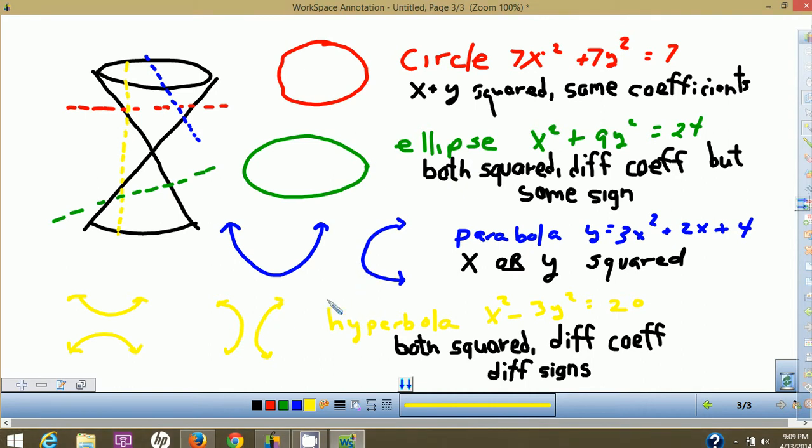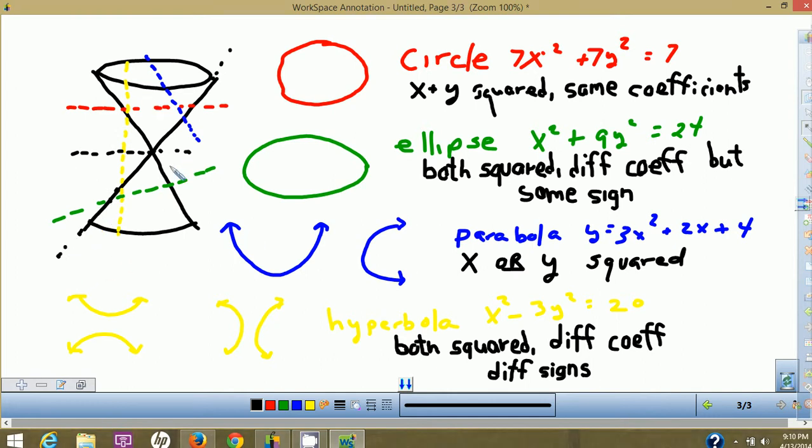Now, there are some other conic sections, but they are called degenerate conic sections. They get you something that's a little bit weird. For example, I could just land my plane right through this point where those two cones intersect. And what would be the only thing I would get from the cone? It would be a point. I could run it right down where it was just barely tangent to the cones, and I would get a line.